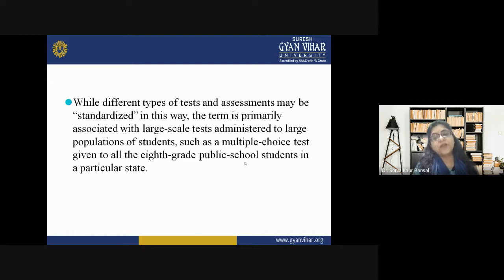And if you are giving a multiple choice test, it actually gives you a proper idea of that particular population about a specific dimension the researcher or the teacher has chosen. So the term is primarily associated with large-scale tests administered to a large population of students. That's why the results are then generalized to the population.